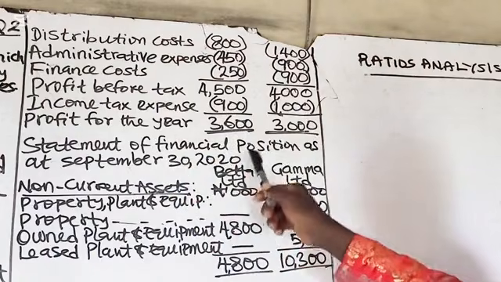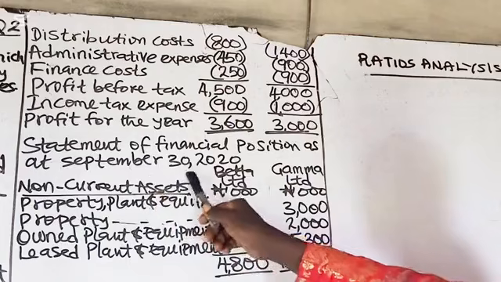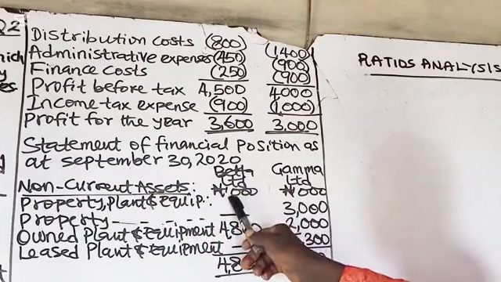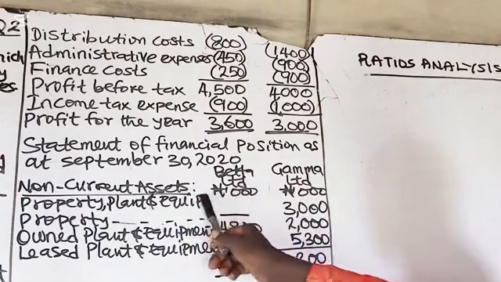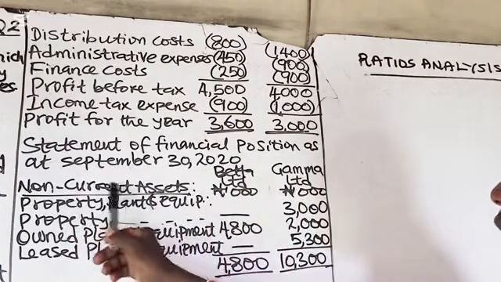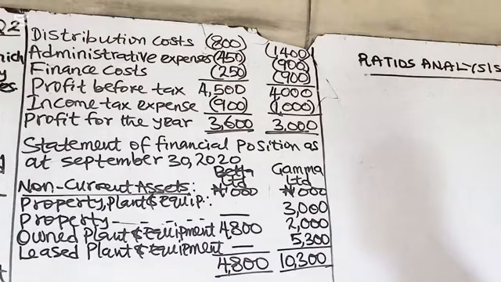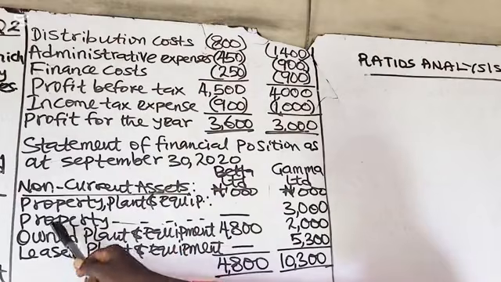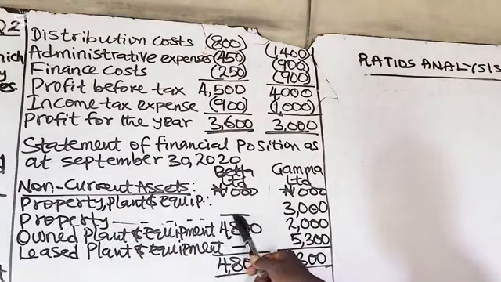We have the statement of financial position as of September 30, 2020, Beta Limited and Gamma Limited, amount in 1,000. We have non-current assets, which include property, plant, and equipment. The property, plant, and equipment comprises property for Beta nil, Gamma 3 million.